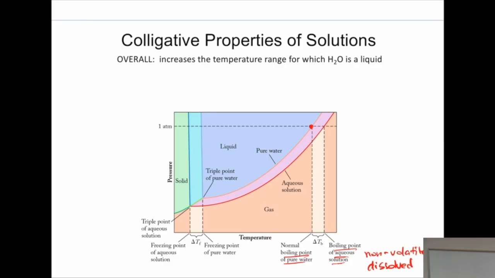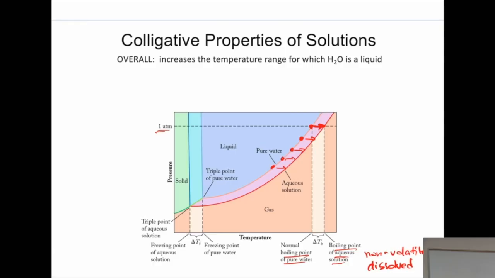So we increase the boiling point. So at the same pressure, 1 atmosphere, we need to get the solution hotter before it boils. So anywhere we are on the pure water curve, we're increasing the boiling point when we have particles in solution, okay?